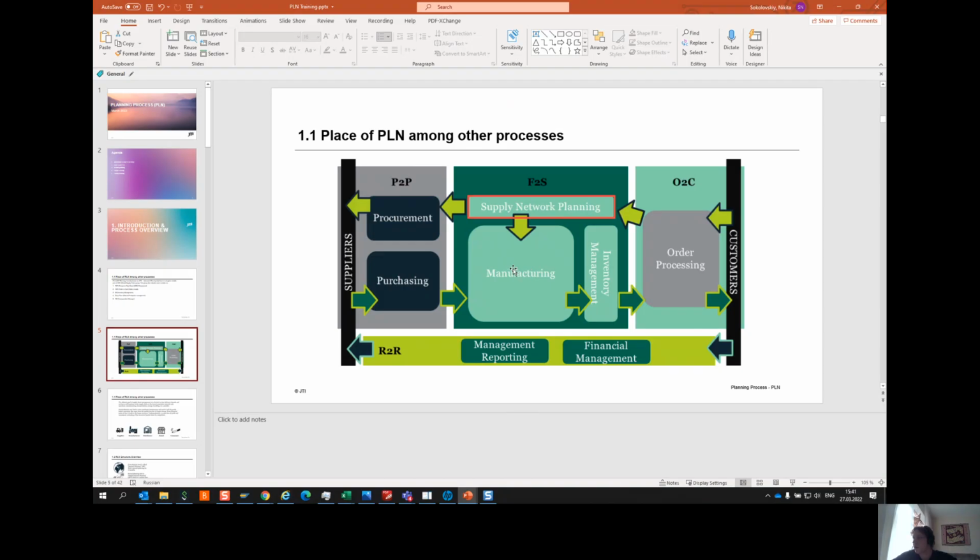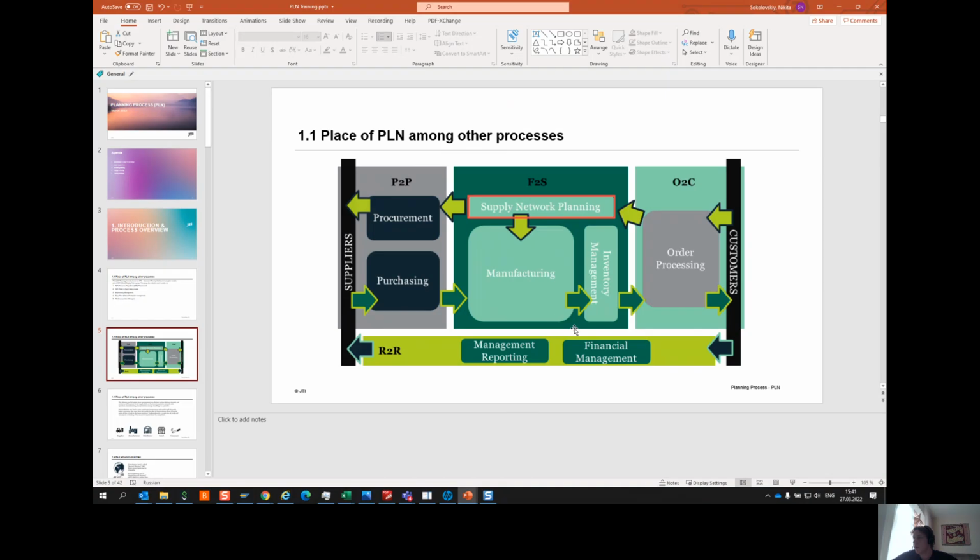Manufacturing is actually shop floor from the previous slide, also inventory management and supply network planning, which is our module, planning.